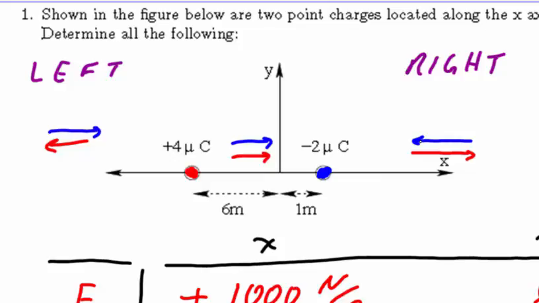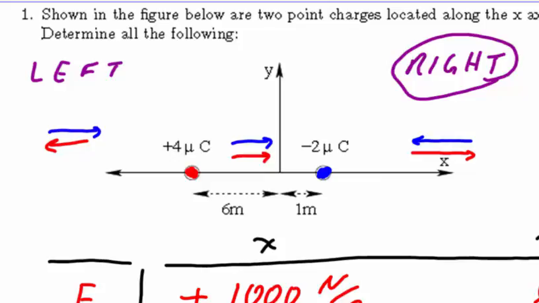To the left, you're closest to the 4 microcoulomb charge. To the right, you're closest to the 2 microcoulomb charge, and so for that reason, we recognize that being to the right-hand side of all charges is the only place where we will be able to spot a location at which the electric field will be 0.